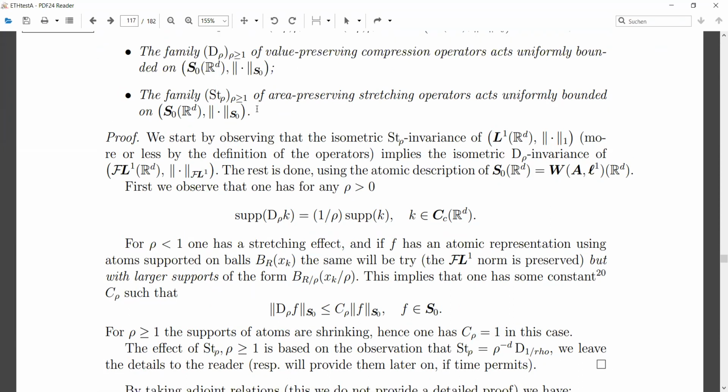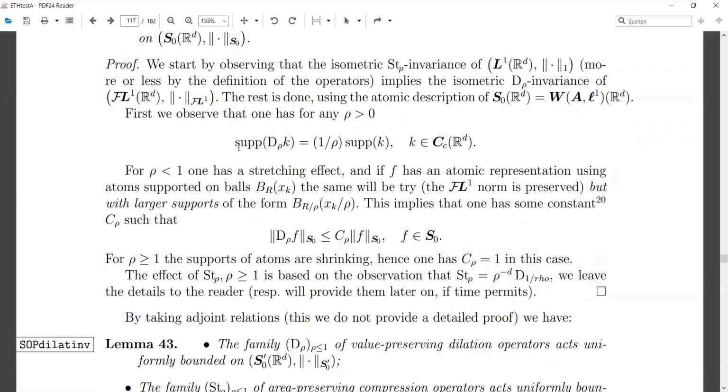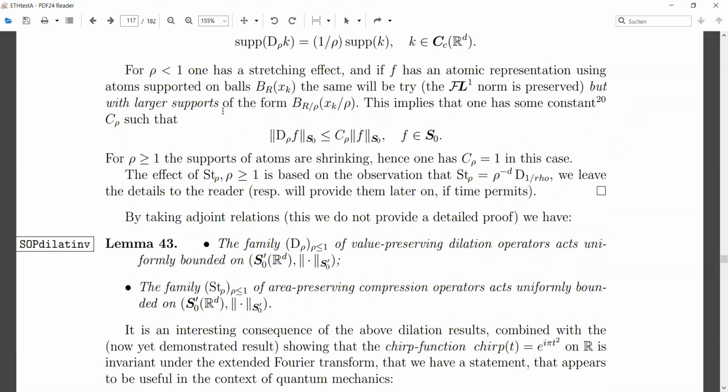Now, the second statement is quite clear. If you recall that S0 and D rho are really changing their roles under the Fourier transform, because the Fourier and the inverse Fourier transform behave very similar, and of course these operators commute with the flip operator, so there's no problem to transfer the result in the first statement to the second one by just applying the Fourier transform.